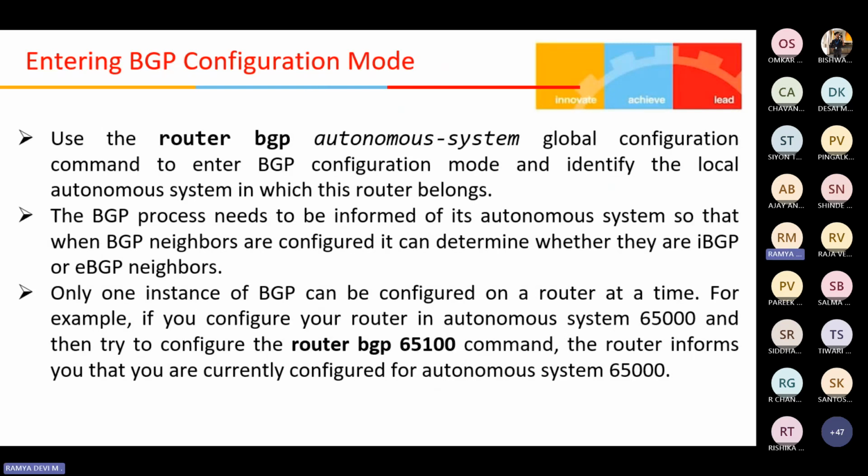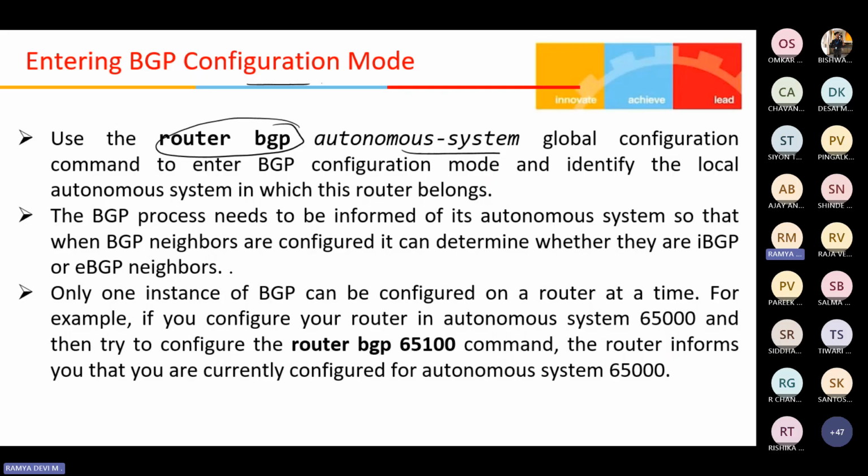Now we'll see the BGP configuration mode. What is the command to enter the BGP configuration mode? For that, we have to use router BGP autonomous system number. Just now I've told you it is a global configuration command, which is used to specify the local autonomous system number to which the router belongs.